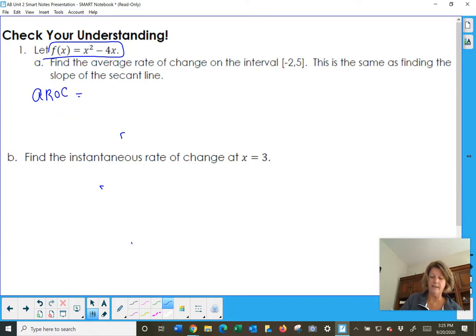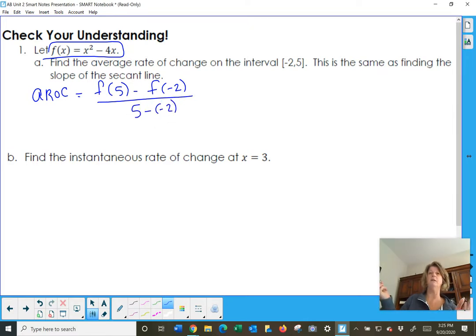So I'm going to use that simplified version of it. And what I need for slope is I need to evaluate f of 5 minus f of negative 2 divided by 5 minus negative 2. y2 minus y1 over x2 minus x1. Write it down if you must to help you remember it.